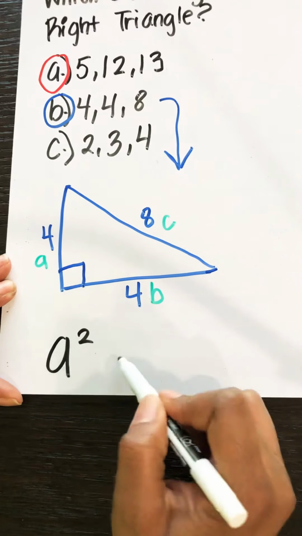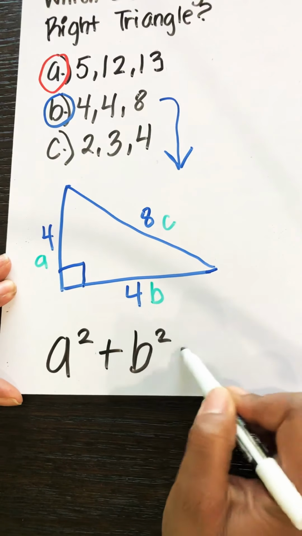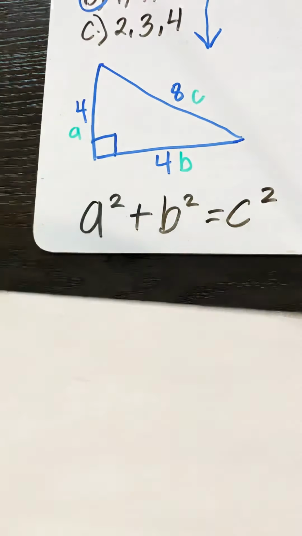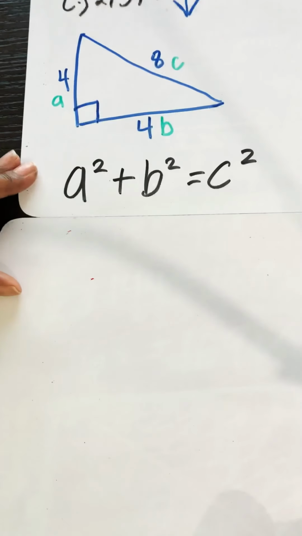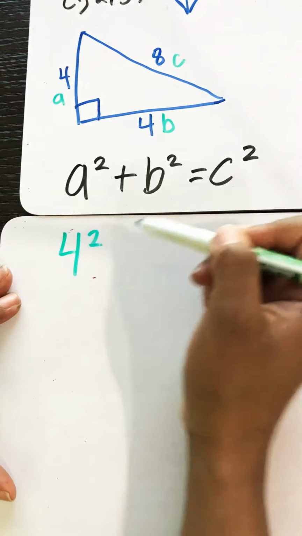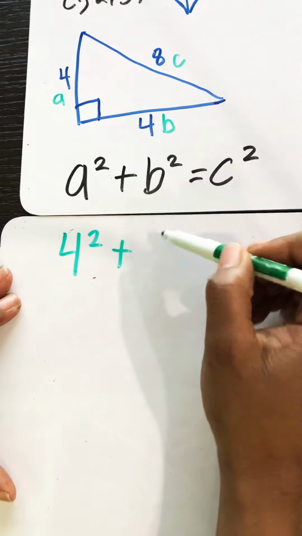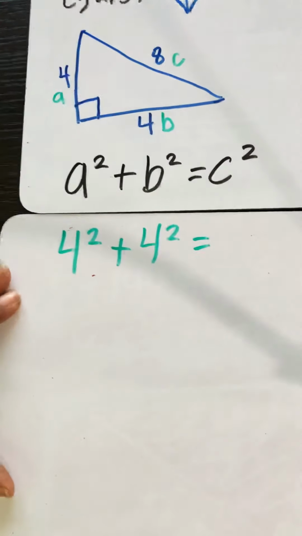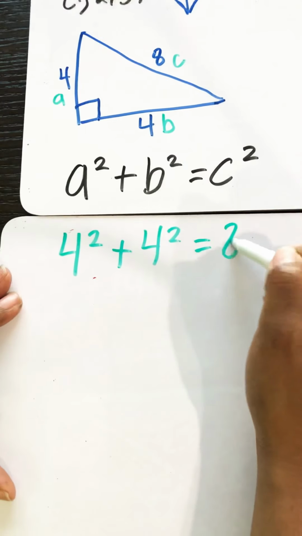We've got a squared plus b squared equals c squared. So we're going to take our values and plug them in. We start with a squared, which is 4 squared, plus b squared, which is 4 squared again. And then c squared is 8 squared.